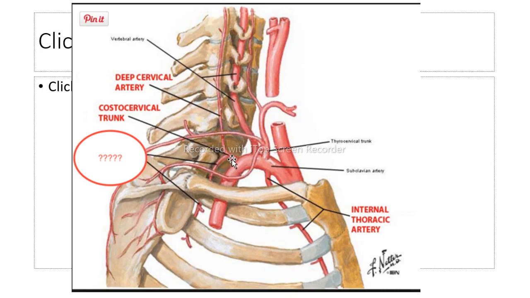In the costocervical trunk, this is the deep cervical artery. It goes upward adjacent to the vertebra. Then the superior intercostal artery supplies the upper two intercostal spaces, and from it arises the posterior intercostal artery.